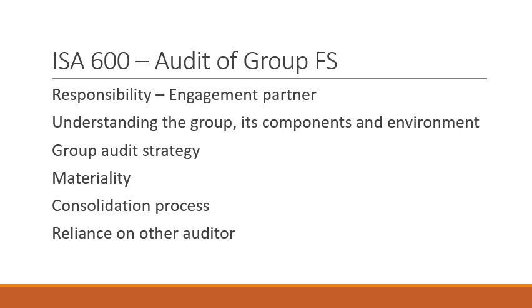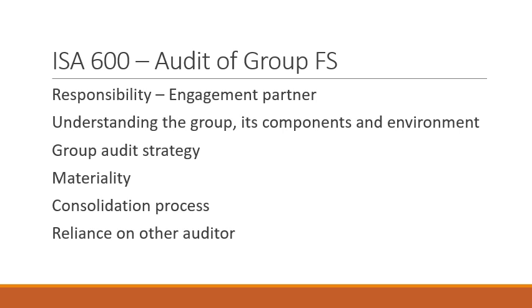If management have controls over those processes, then the responsibility of the group engagement partner would be to test those controls and also test the consolidation process substantively. He would then be able to assess whether the consolidation and the consolidated set of financial statements are accurate and complete.